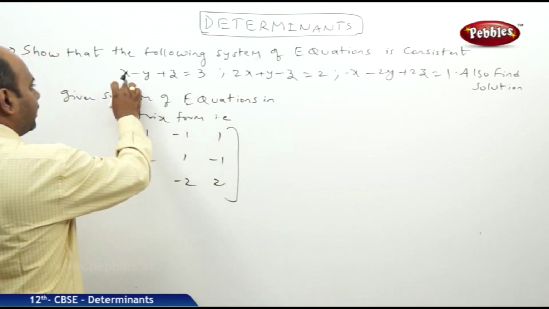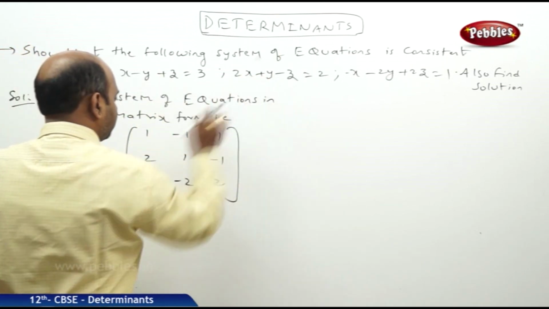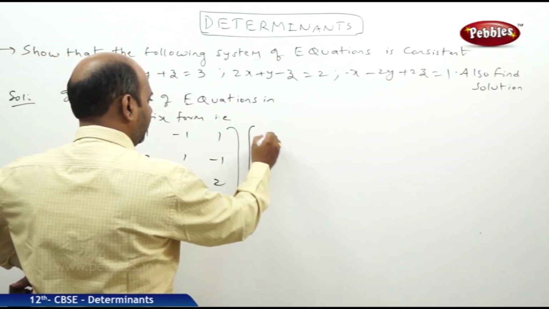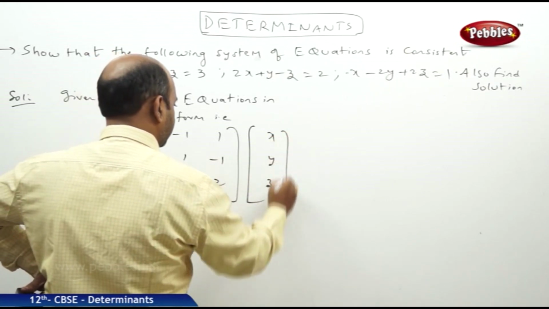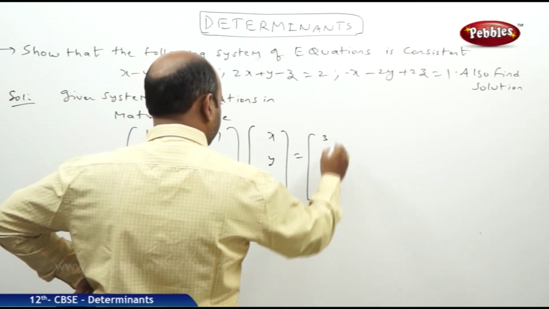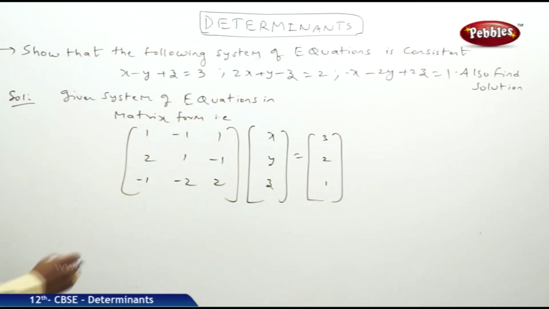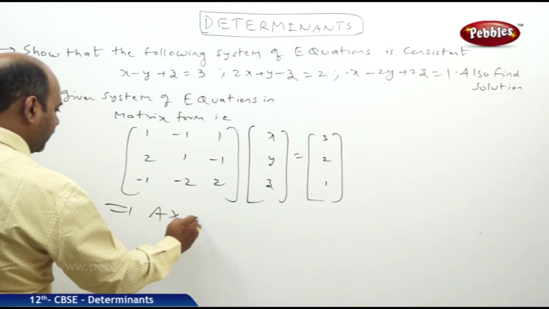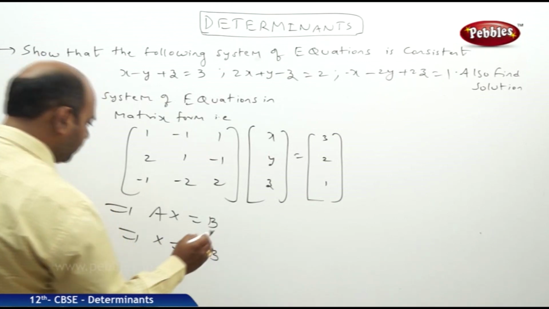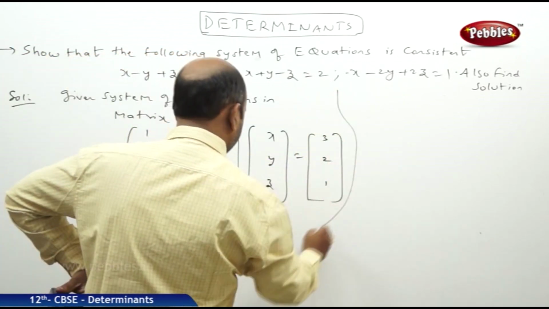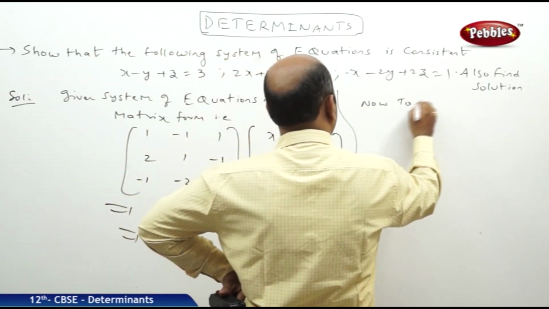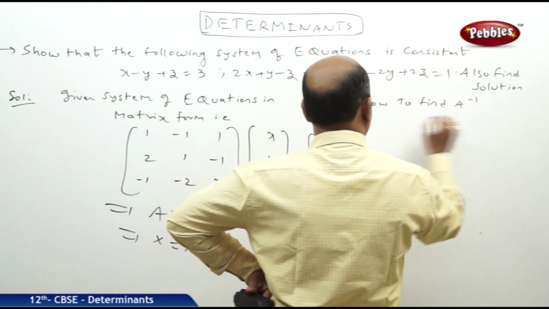We should observe carefully while writing 1 minus 1 1, 2 1 minus 1 and minus 1 minus 2 2, into here comes x y z, that is equal to, finally what happens here, 3 2 and 1. So finally this is of the form Ax is equal to B, that means x is equal to A inverse into B. So x is equal to A inverse into B means now to find A inverse for us.